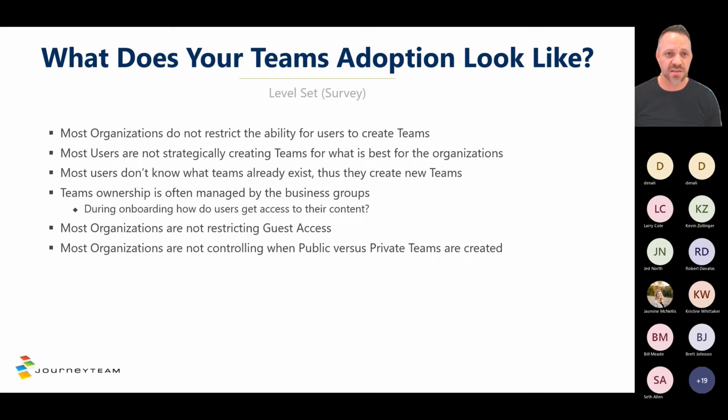Because they don't have access. And teams ownership is often managed by the business groups. During offboarding, how do we get users to the content they need when they get onboarded into the organization? Or how do we clean that up? The other thing is most organizations aren't restricting guest access to their team's environment, which is a major security hole.